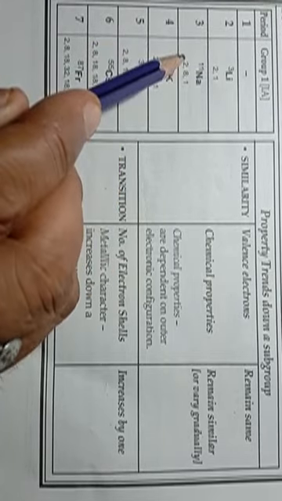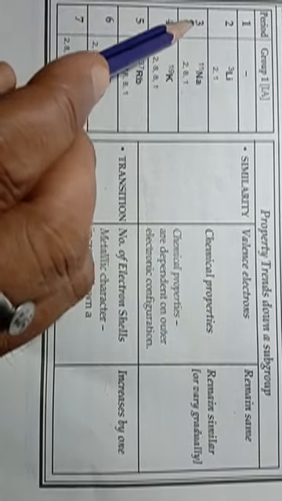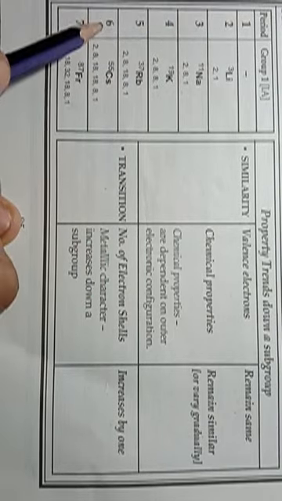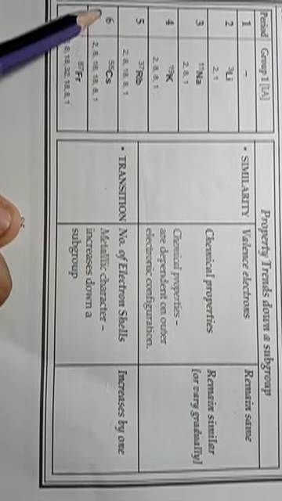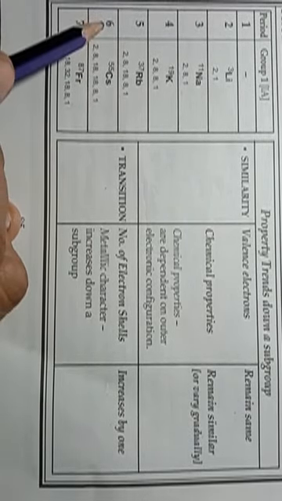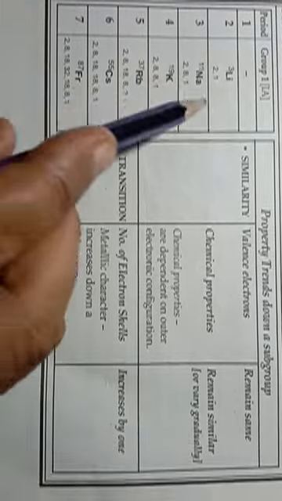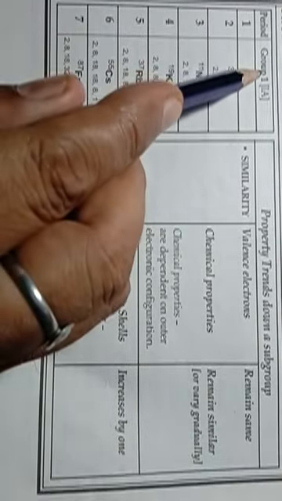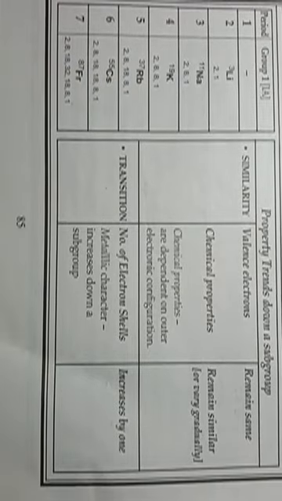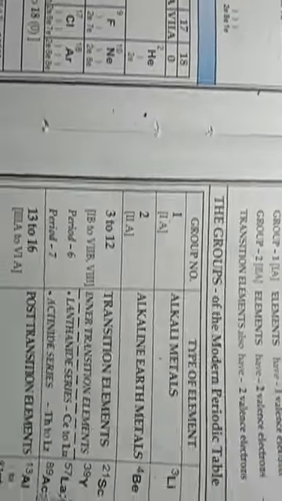But sodium has 3 shells in total, so it belongs to period 3. And cesium has a total of 6 shells, so it belongs to period 6. But all these belong to a particular group, which is group 1. Now moving to the next page.